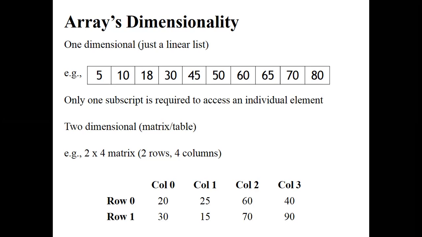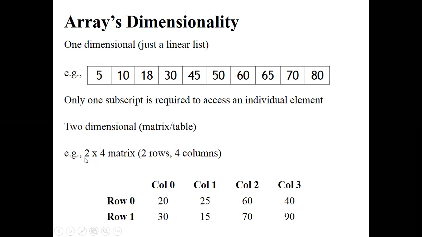In a one-dimensional array it will be linear, like we have an example here, 5, 10, 18. Only one subscript is required to access an individual element. However, in a two-dimensional array we generate a table that has rows and columns, for example, a 2 by 4 matrix.